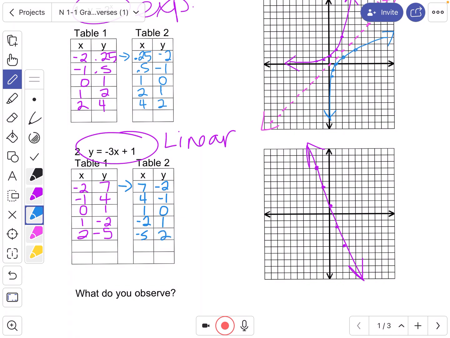So I'm going to plot those points. 7, -2, should be right there. 4, -1, 1, 0, -2, 1, -5, 2, and then again make sure that you connect them. Let me go back. Connect them and extend it throughout your graph.